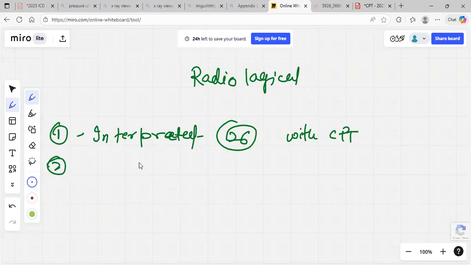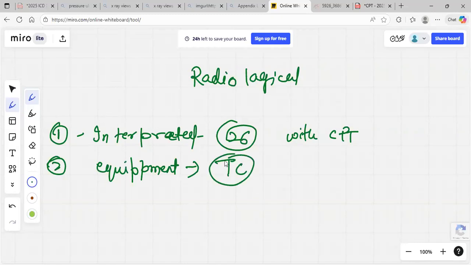Second point, whenever our doctor just provides the equipment, not interpreting that report, in that case we are going to use the modifier TC.